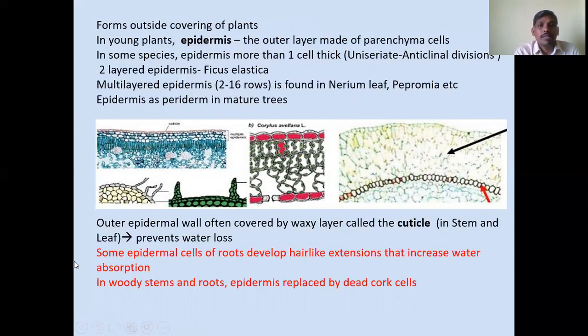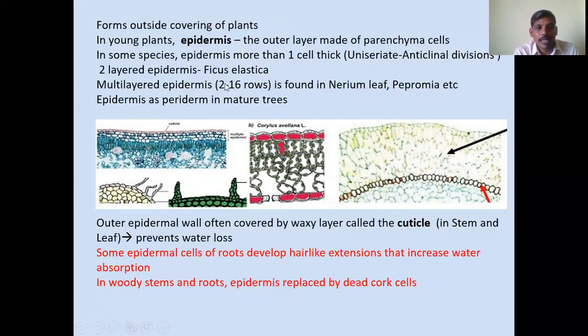This epidermis is normally one cell thick, that is all cells are arranged in one row, the uniseriate condition, because the epidermal cells always undergo anticlinal divisions. That's why the cell number is increased, but the row number never increases. It is always a one-layered structure or one cell thickness.